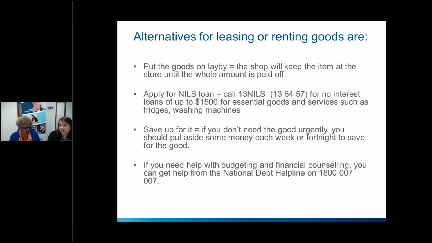If you don't urgently need it, say there's a TV system that you really want, you just keep putting aside the money you would normally use for your weekly payments, and use that so you can buy it outright. And if clients want some help, they could also go to a financial counsellor to help with budgeting or how to save. So you can ring the National Debt Helpline, which is on here, 1-800-007-007.